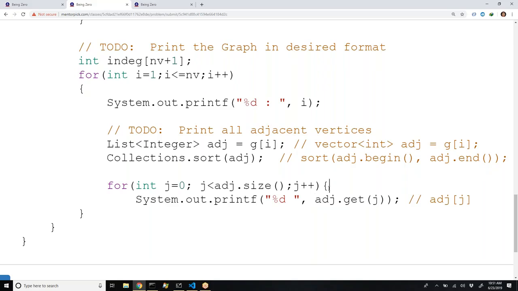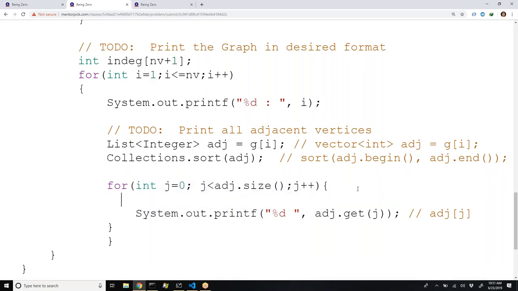Here we can update the in degree of some vertex. What will that vertex be? adj.get(j). j is the index in the list. j will always be 0, 1, 2, 3. i is the vertex from which the edge is starting.